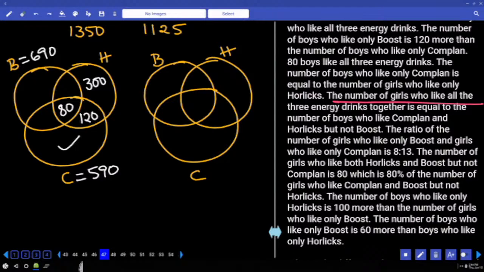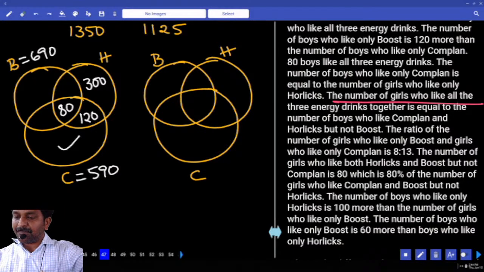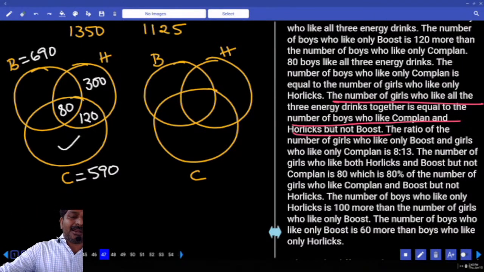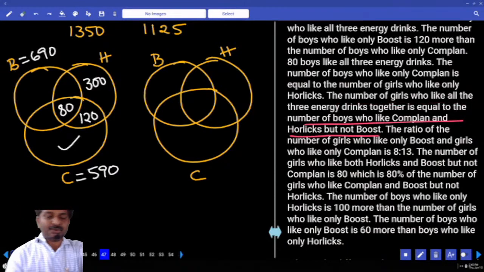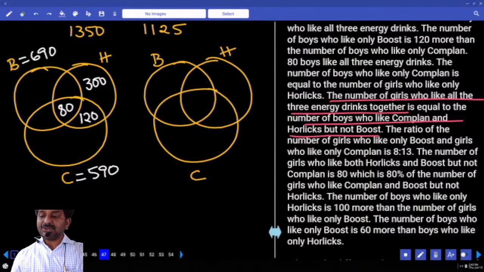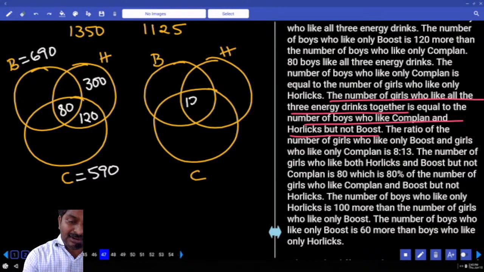So try to read the data, and wherever you have boys, we will stop. Number of boys who like Complan and Horlicks but not Boost. Do you have this data? Yes. How much is that? 120. That is equal to girls who like all three energy drinks together. That means the middle value 120 comes here.